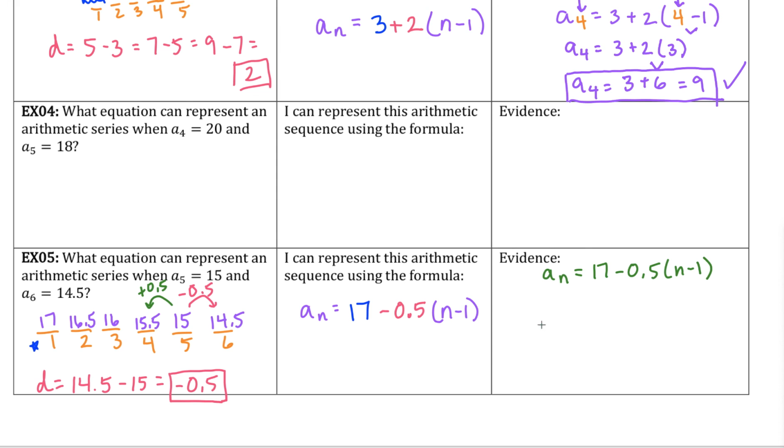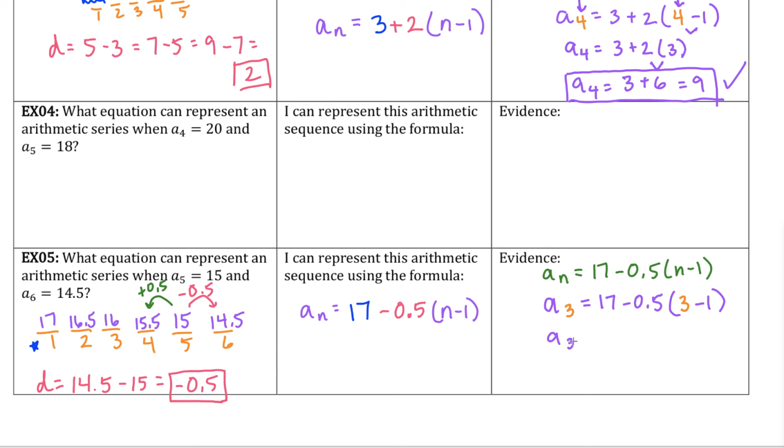I'm going to choose an easy one, like this third one. So I'm going to put this 3 here. And a sub 3 equals 17 minus 0.5 times 3 minus 1.